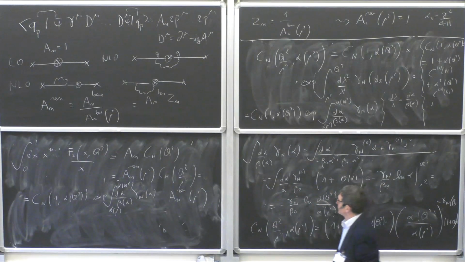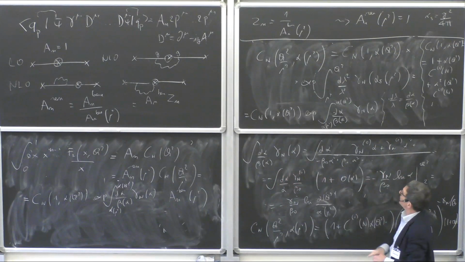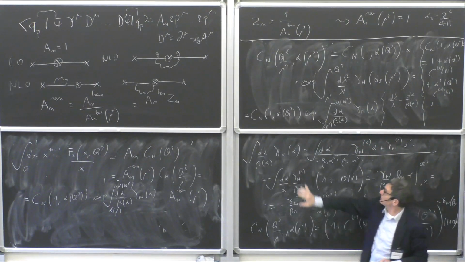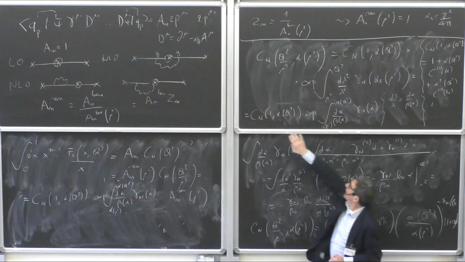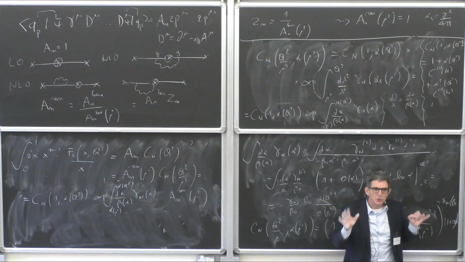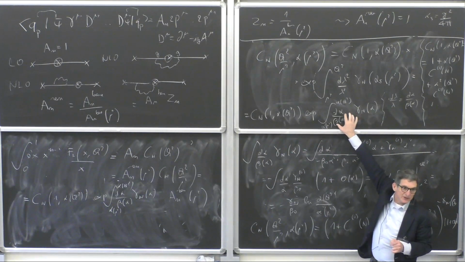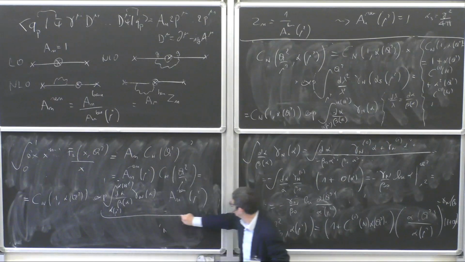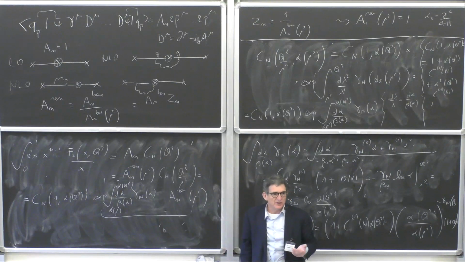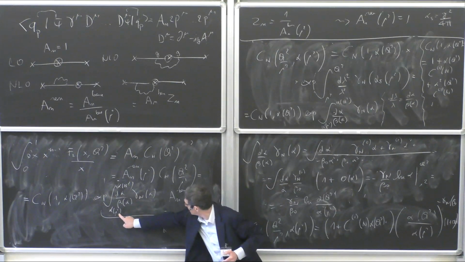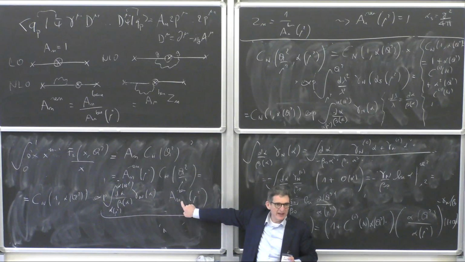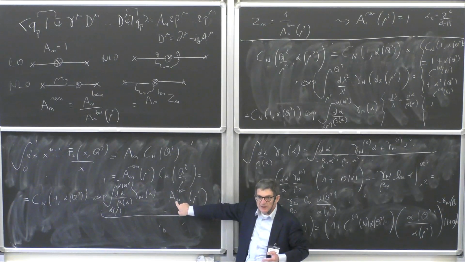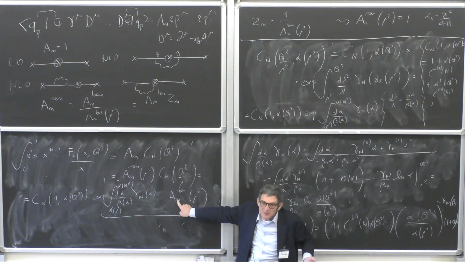So when we solved the equation, we found that the solution of the RG equation for the Wilson coefficient is some series in the coupling times a factor that depends on mu square. The mu square dependence is only in this integral factor. And this mu square dependence must cancel between these two guys. In fact, we know that it cancels because the gamma n dependence was precisely the gamma n dependence of An. The fact that the dependence on gamma n compensates the dependence on mu square of this guy was our starting point.